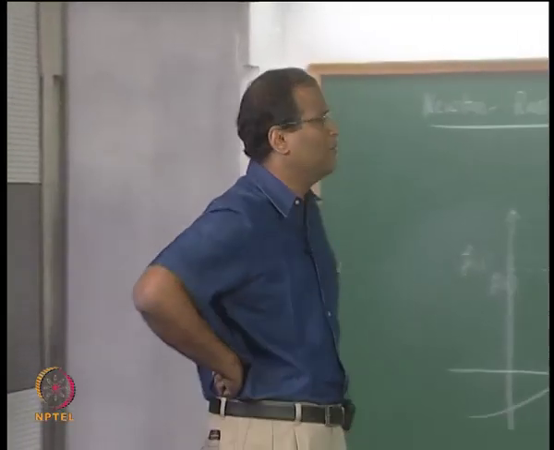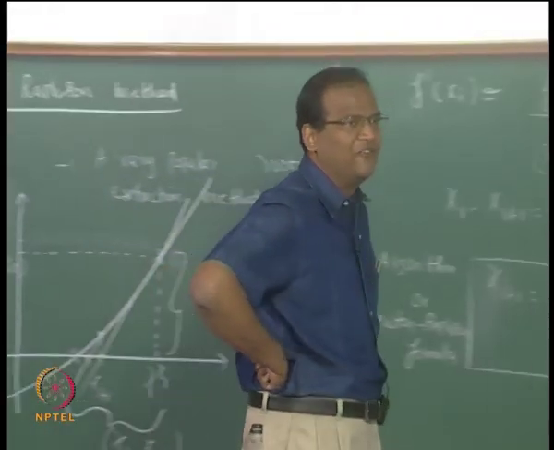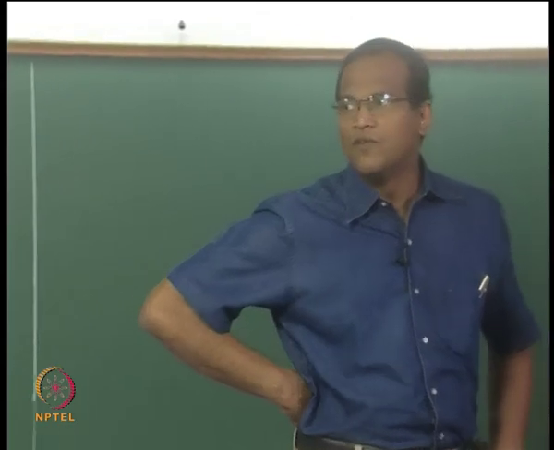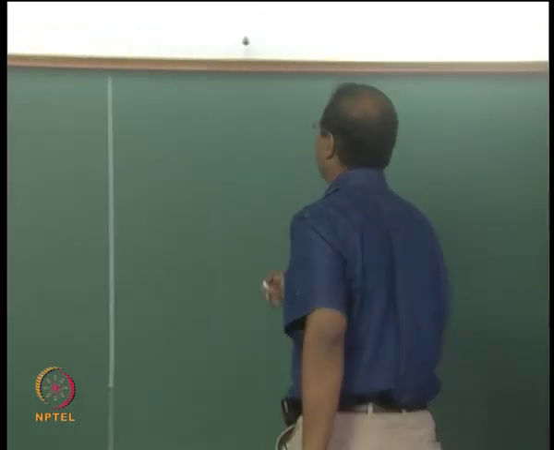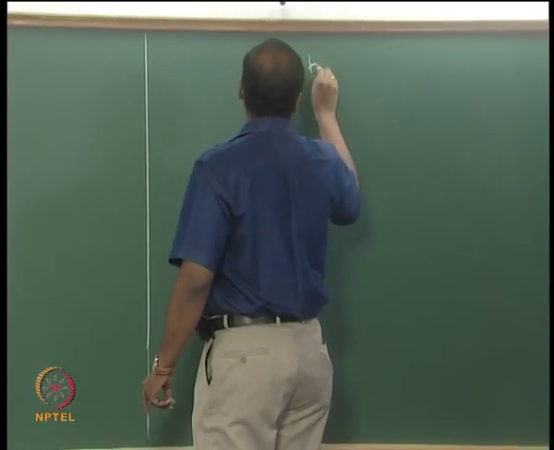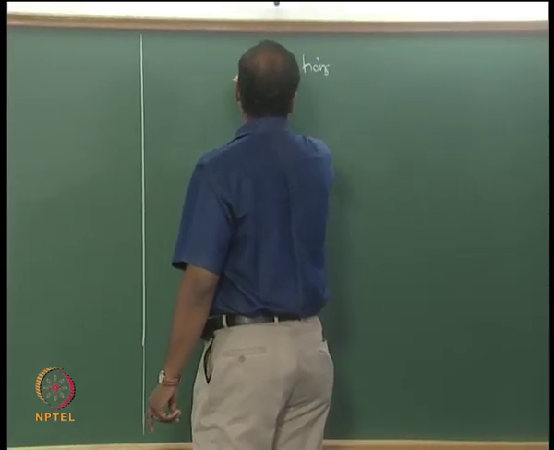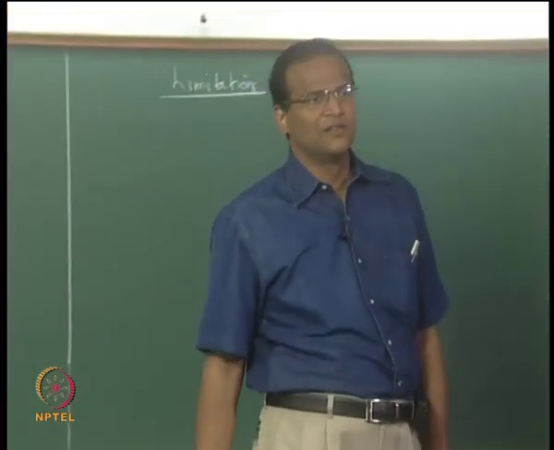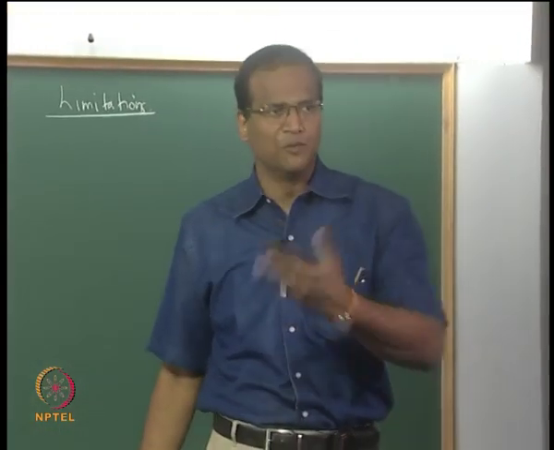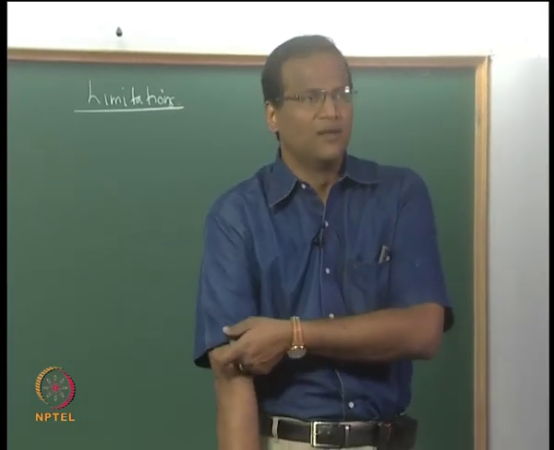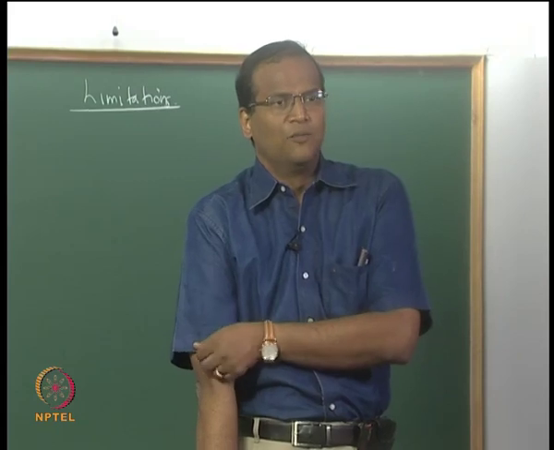Look at the formula and tell me what could be the possible pitfalls or limitations or shortcomings of the Newton-Raphson method. Okay, limitations. Let us not write the advantages, we are able to see the advantages. So, it uses information of the first derivative, it should be fast, it should rapidly converge, all that. Let us see the limitations which are not so apparent upon first sight.